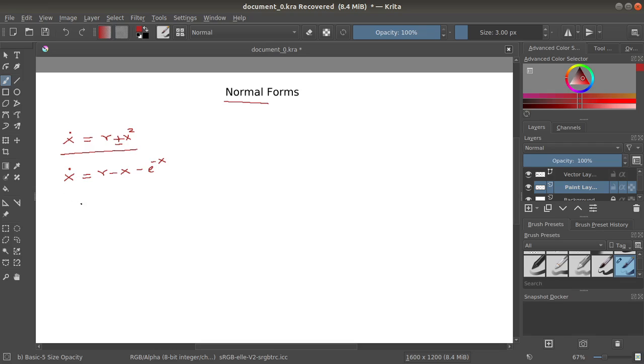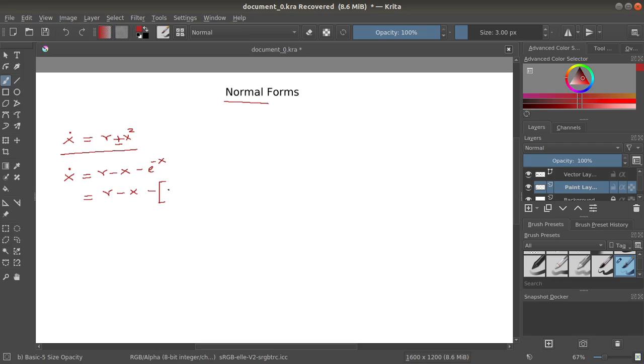What we're going to do is the following: we are going to keep these first two terms as they are, and we are going to expand this term. If we expand this term, what do we get? A Taylor expansion.